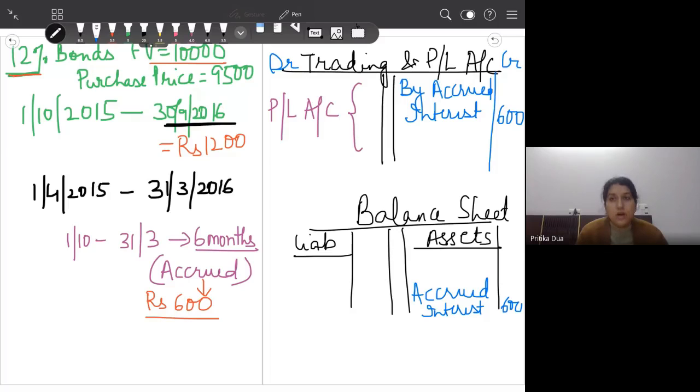This is how accrued incomes are treated in final accounts. I hope this is clear to everyone.